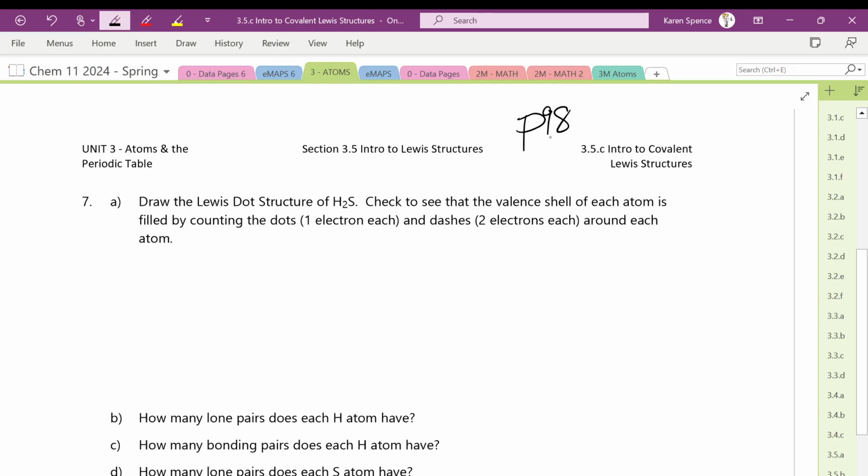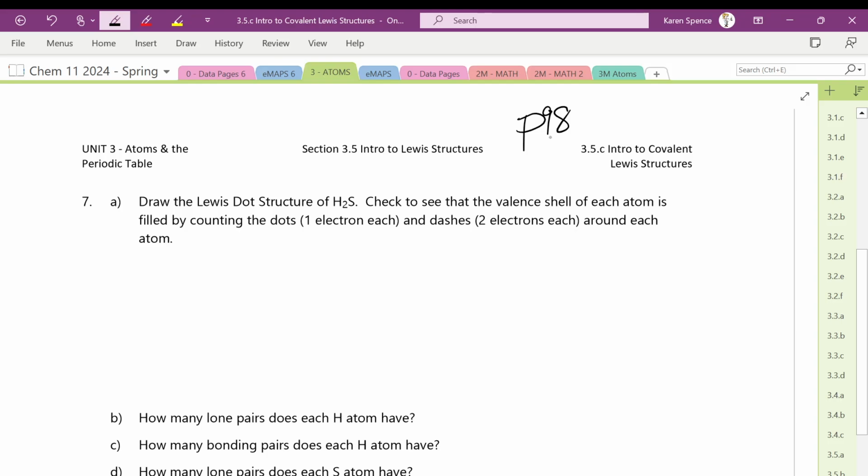These are covalent, so they're not going to be made like that. They're going to bond like that or like that, because they're going to share electrons because it's 2 non-metals.